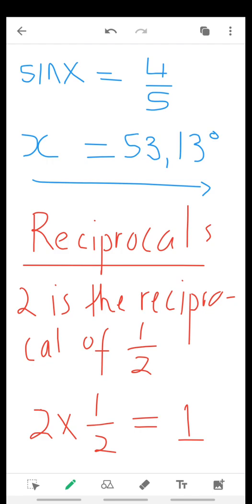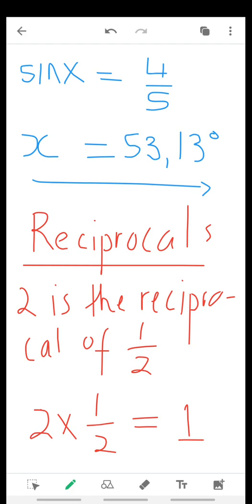Very important. Guys, what's a reciprocal? I have learners who still struggle to understand what we mean when we are talking about reciprocals. This is very important in our trigonometry because it will help you to understand the other parts of this lesson. So if I have 1 over 2, what will be its reciprocal?